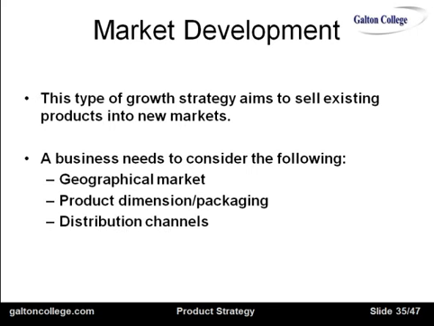And what distribution channels will be used? Will it go to retailers? Will it go to wholesalers? Will it go directly to the public? What are the distribution channels? So again, issues to be considered. And also pricing policies. It may be an opportunity to charge different prices in different markets.